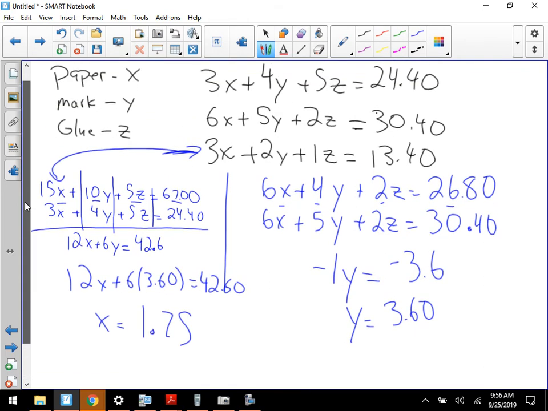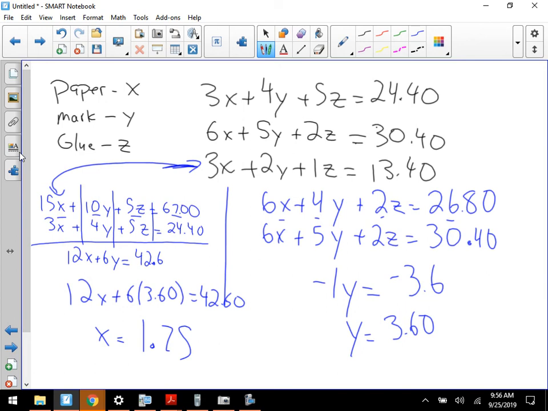So you have $1.75, 360. So 1340 minus 3 times $1.75 minus 2 times 360. I had glue sticks at a whopping 95 cents.